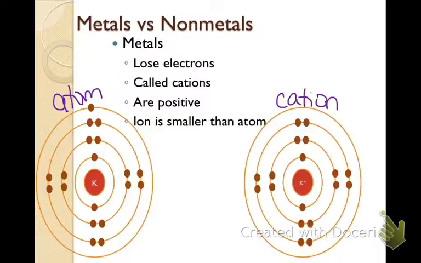The atom has all 19 electrons, with 1 electron in its valence shell. The cation has only 18 electrons, and there are no electrons in the absolute outermost shell, so its next outermost shell, with 8 electrons, is shown. Because we got rid of this last energy level, the size of the ion is actually smaller than the size of the atom.